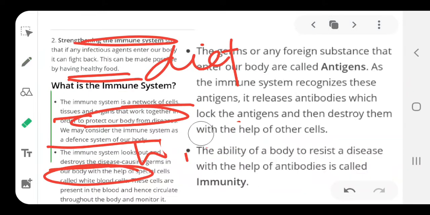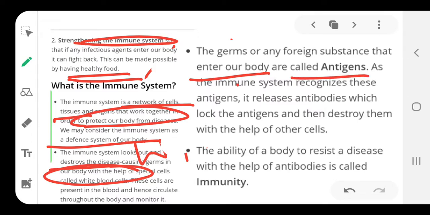Then what actually happens is that whenever foreign particles or germs enter our body, they are referred to as antigens. When the immune system recognizes these antigens, underline the word, it releases antibodies. So, we have two new terms: antibodies lock onto the antigen and destroy it.